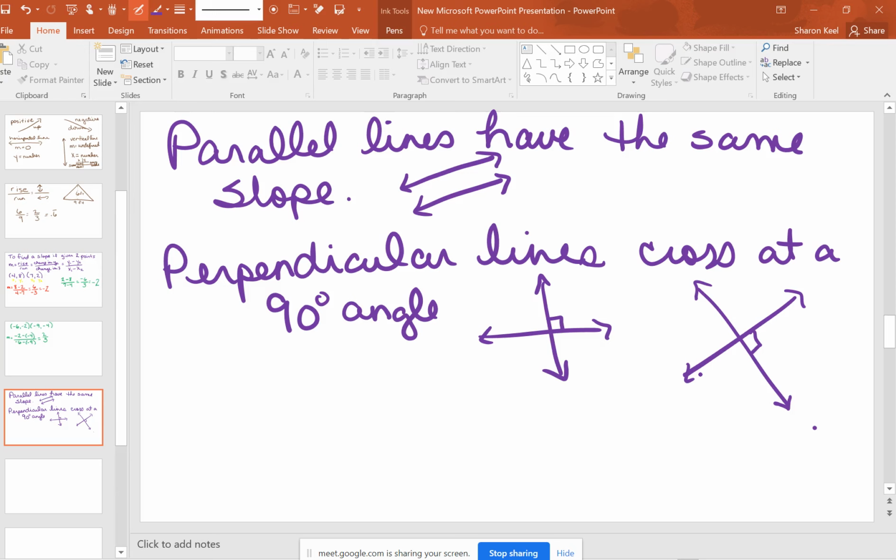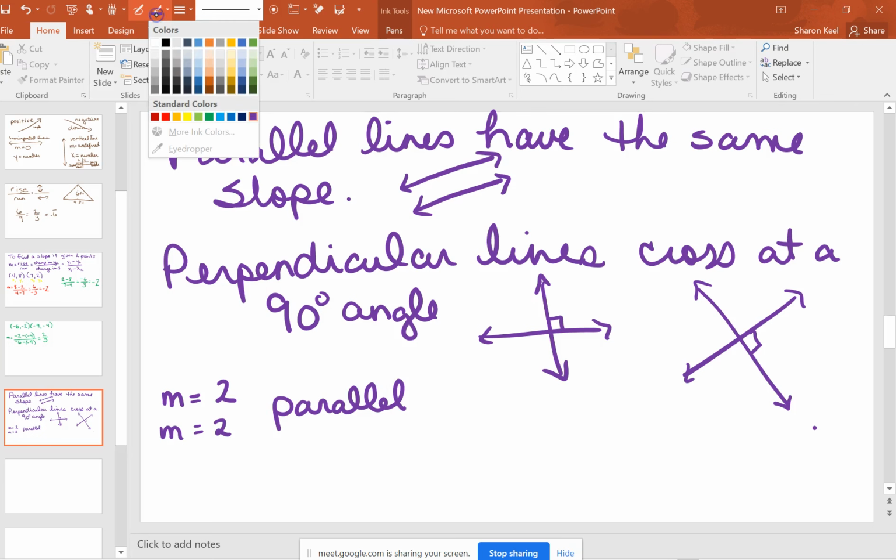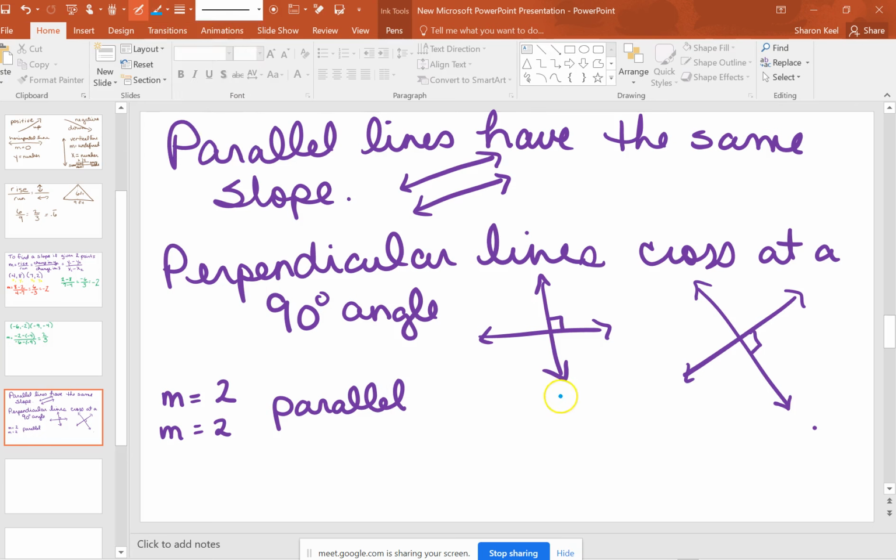So if you're given problems and you're trying to figure out if they are perpendicular or parallel, if I have an equation with a slope of 2 and another equation and that slope is 2, those two are parallel. For perpendicular, the special rule is that you will be given a slope. Let me say I give you a slope of 2/3.